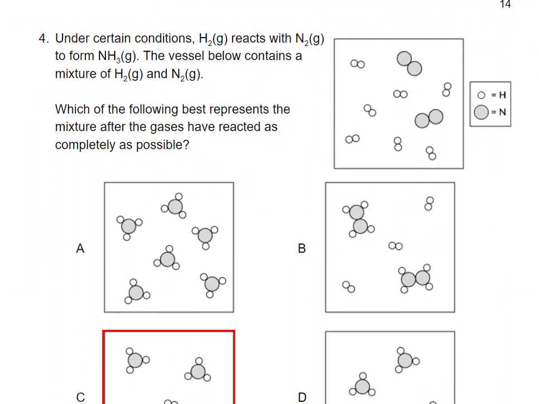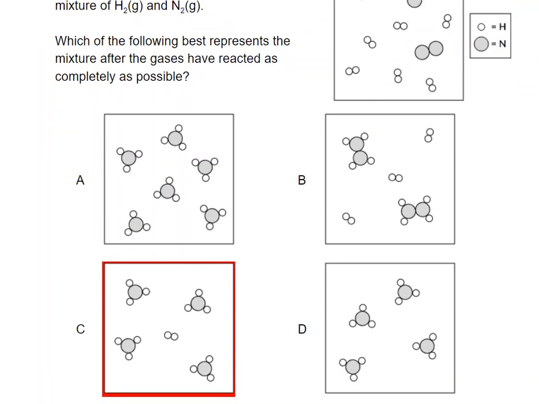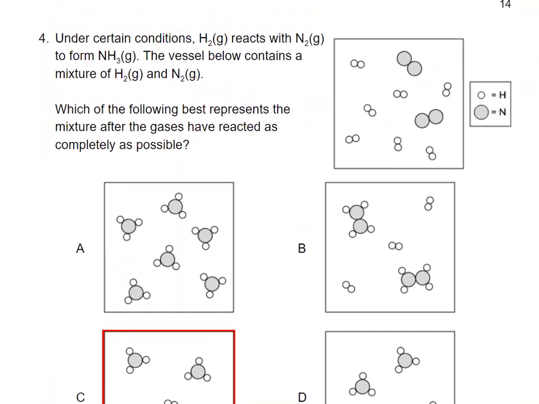Question 4. We're starting with a reactant mixture, and we want to know what is going to show us the completed amount of products, like what's the most we can make. So we're forming NH3. So looking at the number of nitrogen atoms that I have, I've got 4 of them.